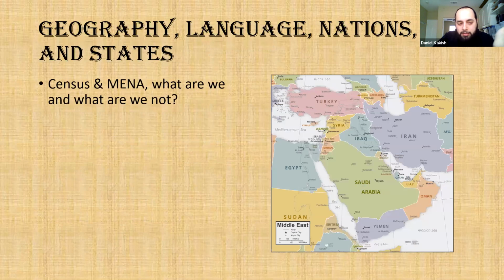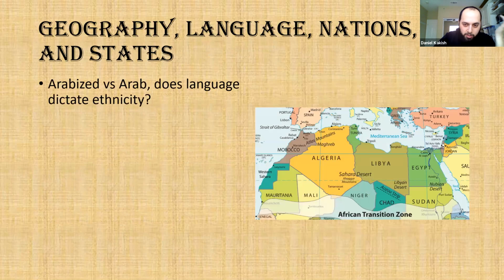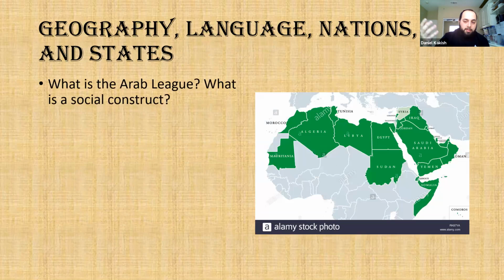So the Middle East and North Africa, that's what MENA stands for. Again, the question is, what is the Middle East? Where does it start? Where does it stop? What is North Africa? Where does it start? Where does it stop? Who decides these things? Is it the Arab League? No, it's not the Arab League. And then even that, why is the Arab League what it is?